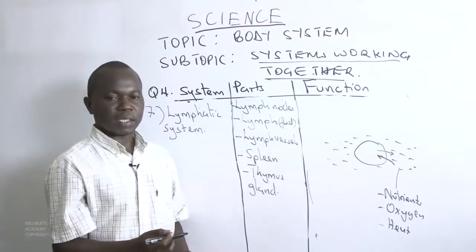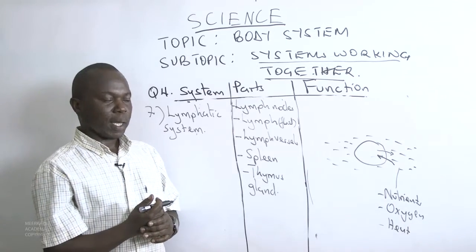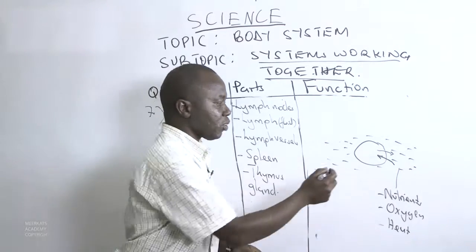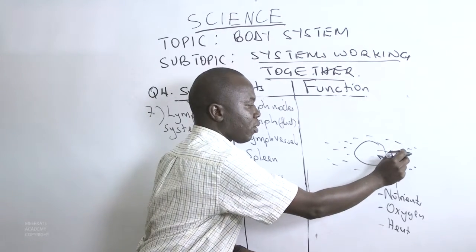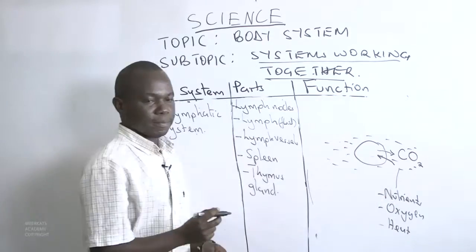After metabolism, the cell will release some materials. Some of the materials are waste metabolic products. A good example could be carbon dioxide.